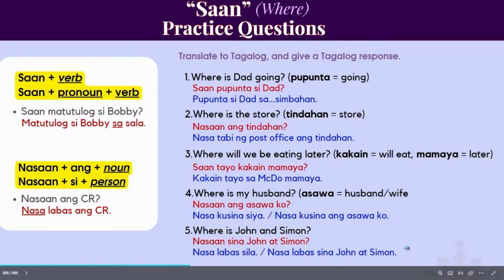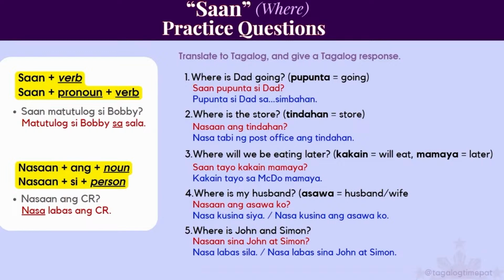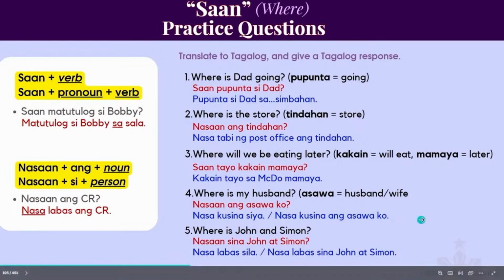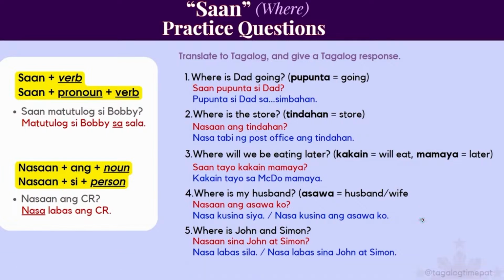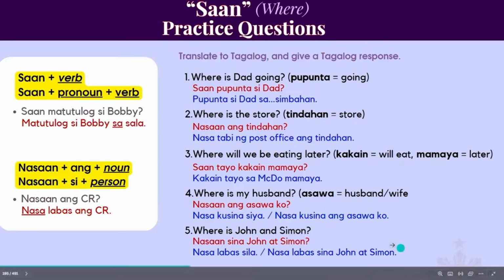So you can add their names again, or you could just add the pronoun. And then I added that here in the number 4 example, nasa kusina ang asawa ko. So you can repeat that part of the question, or you can just use a pronoun. Okay, so up to you.